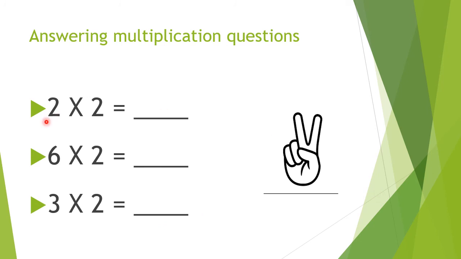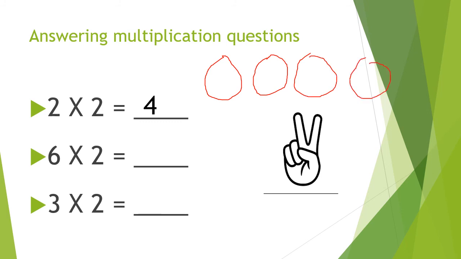Okay, so 2 times 2, the answer is 4. 6 times 2, we can also use the big and small pen method. So 6 times 2. So 6 groups. 1, 2, 3, 4, 5, 6.